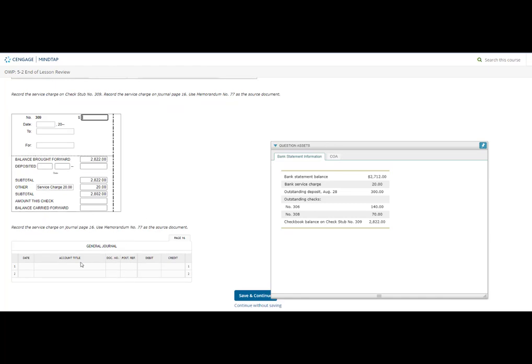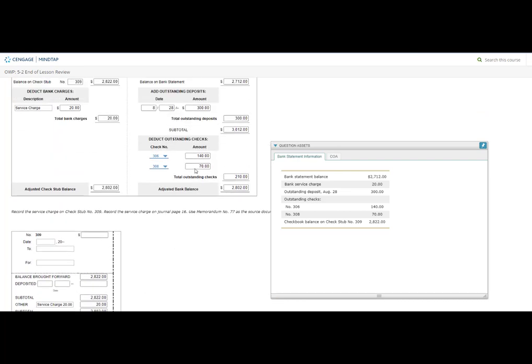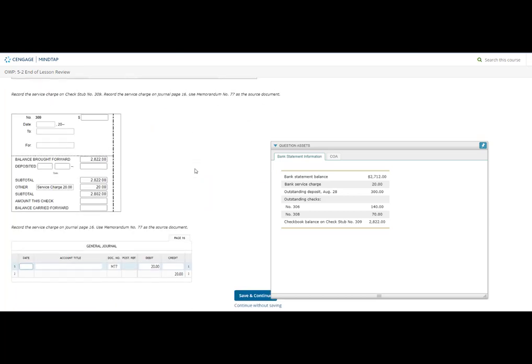Now we need to journal the transaction. We're going to use Memo 77 as our reference. And the service charge is $20. So we know 20 is going to go in both those two places. And the date, what date did it say? It said August 29th.